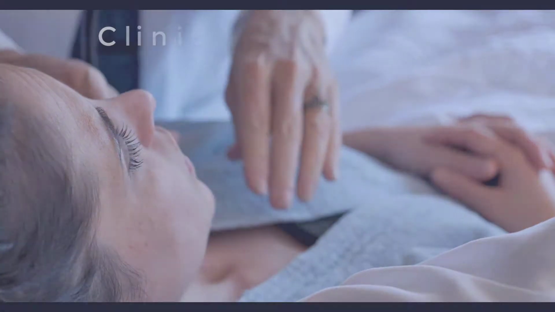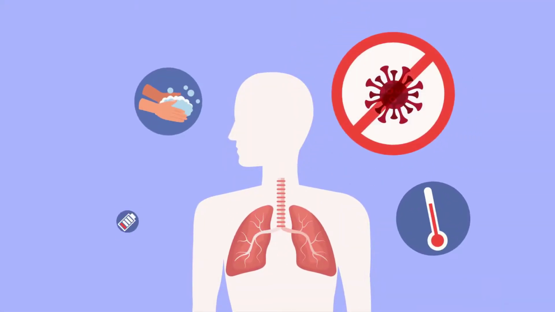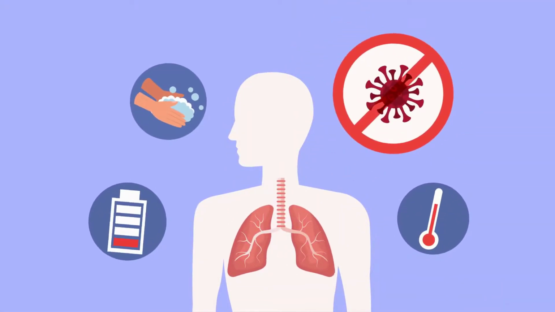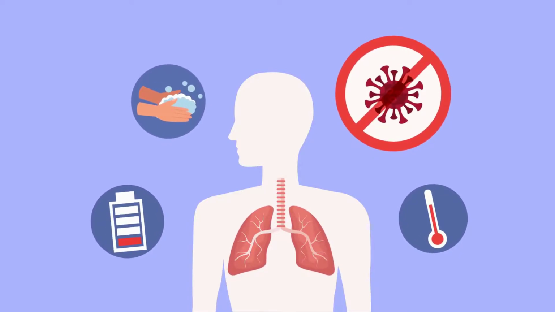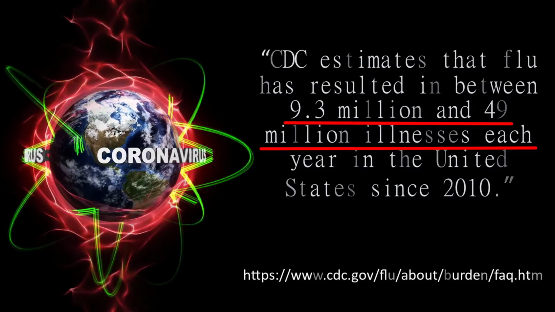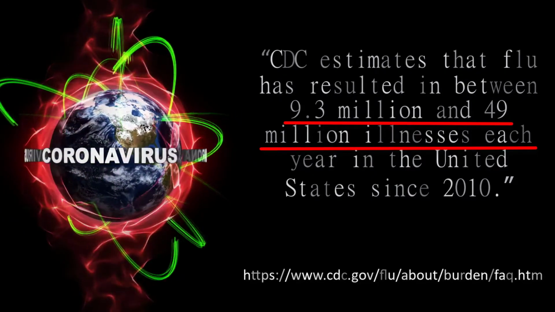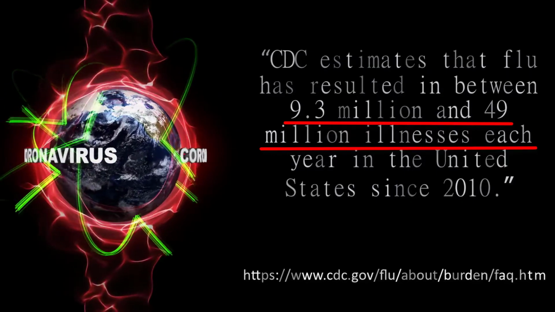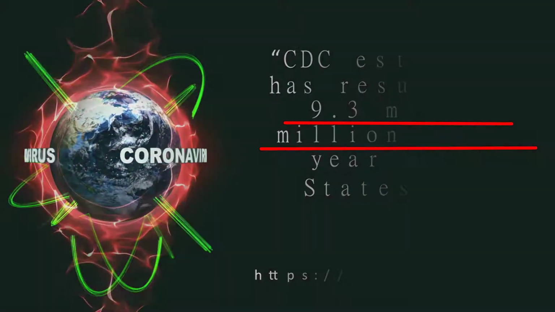As a scientist, I find it alarming that persons fitting this criteria are being automatically counted as having COVID-19. According to the CDC's webpage found here, the CDC estimates that the flu has resulted in between 9.3 million and 49 million illnesses each year in the United States since 2010.